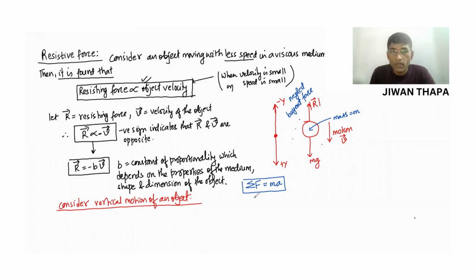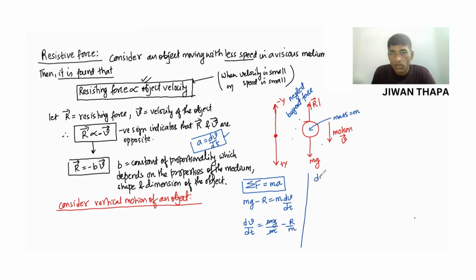So from this equation we write mg minus R equals m a, and acceleration a equals rate of change of velocity, so we write dv by dt. So dv by dt equals mg by m minus R by m. So m cancels out.